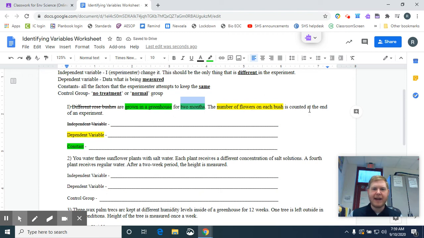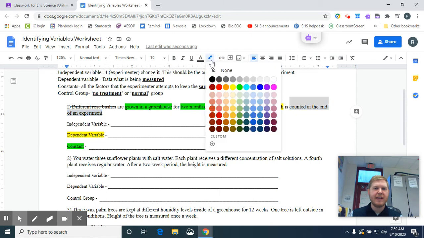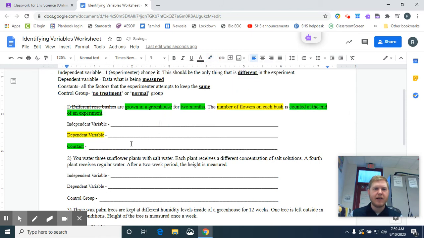And when we count the flowers on those rose bushes, they're all counted and measured at the end of the experiment. If I mark stuff off and say, hey, I've used this, I've used this, it makes it easier to see what you haven't used. So I would suggest to do that.